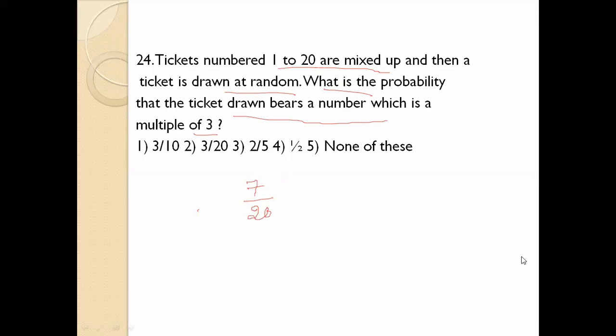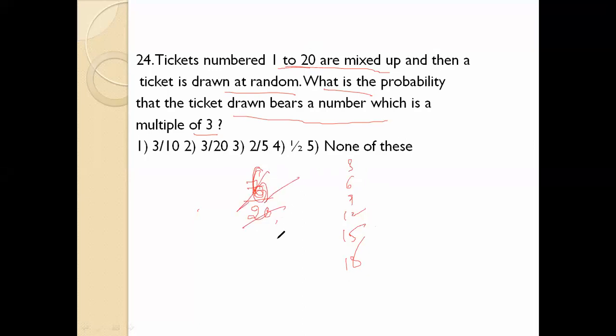Seven by 20, but that option is not there. So the multiples of 3 between 1 and 20 are 3, 6, 9, 12, 15, 18. That is 6 numbers, so 6 by 20.